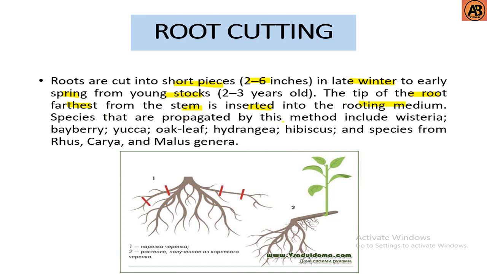Species that are propagated by this method include wisteria, bayberry, yucca, oakleaf hydrangea, hibiscus, and species from Rubus and Malus genera, etc. Here we can see in the figure the root cutting. This is the root, and after cutting, new plant formation occurs from the roots.